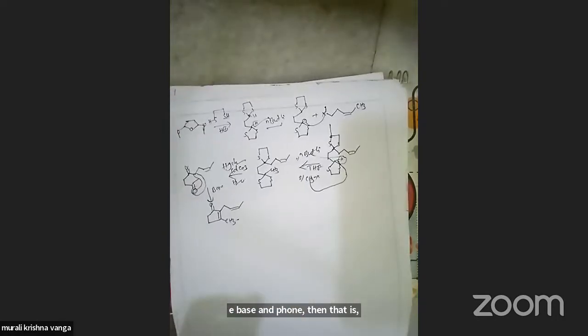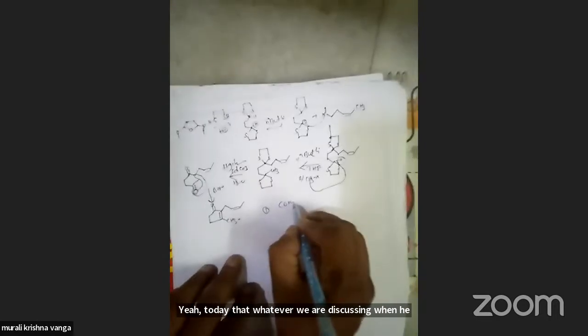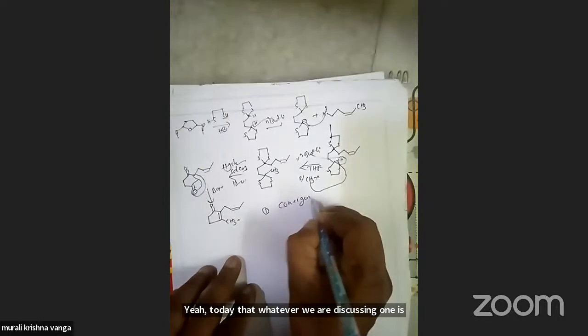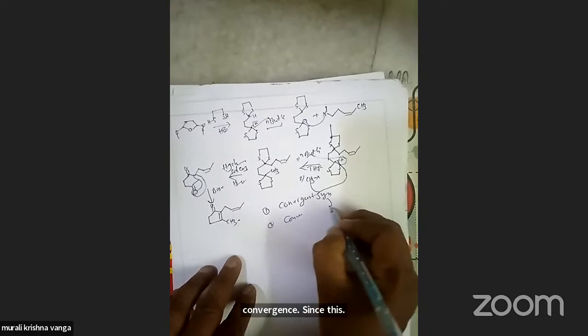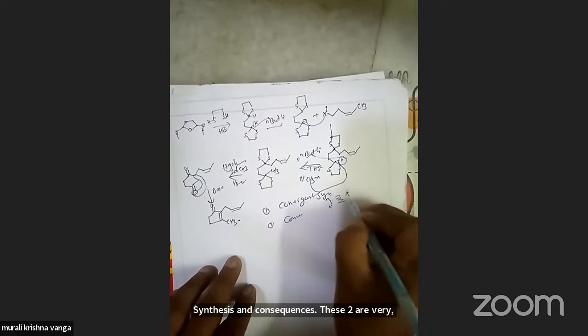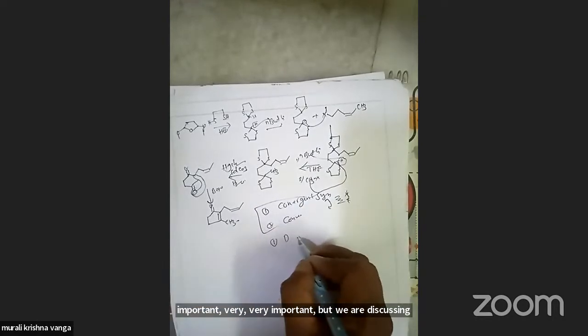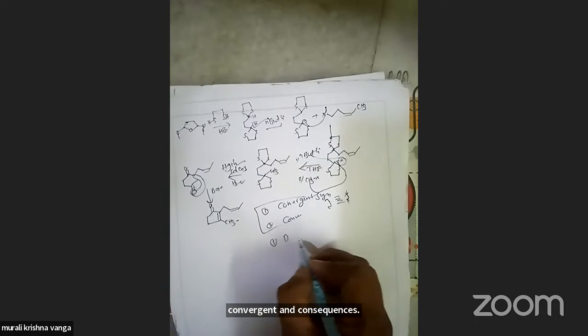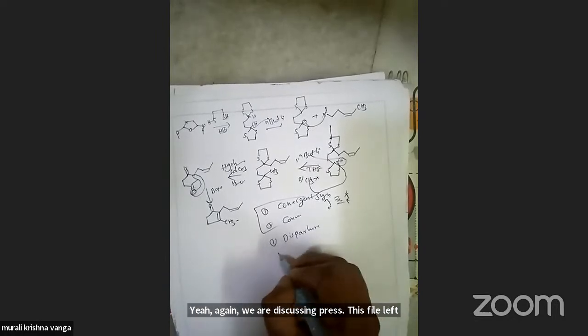Okay, today whatever we discussed, one is convergent synthesis and the other is consequent synthesis. These two are very important. Whatever we discussed, convergent and consequent synthesis, and we discussed cis-disparlure and Z-jasmone.